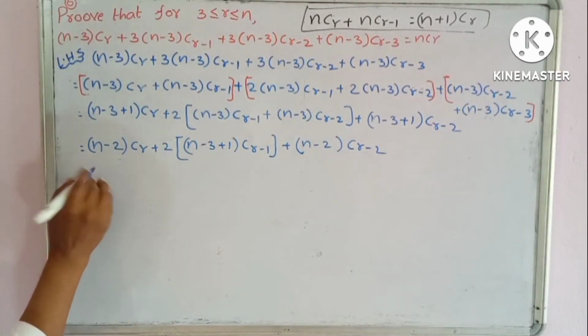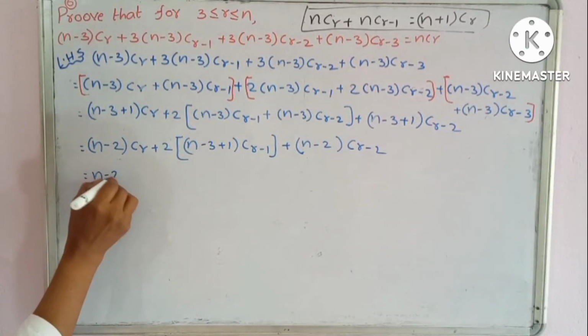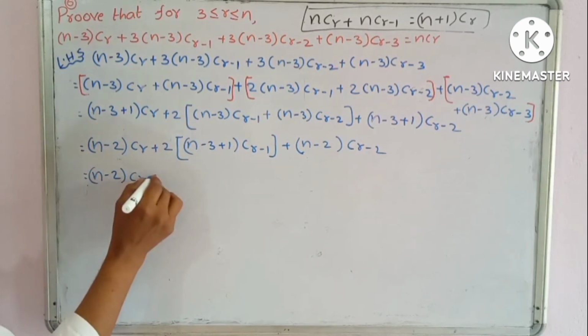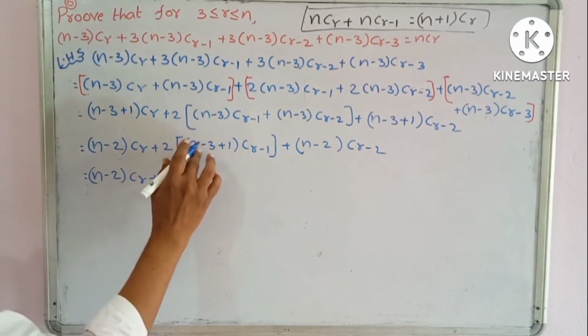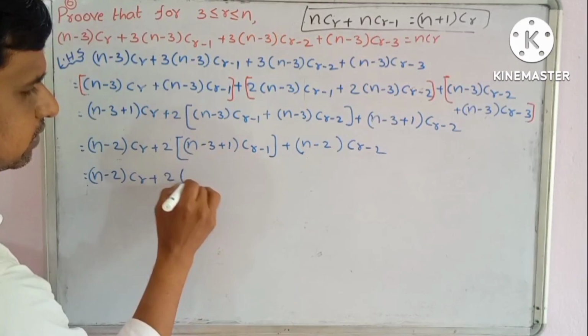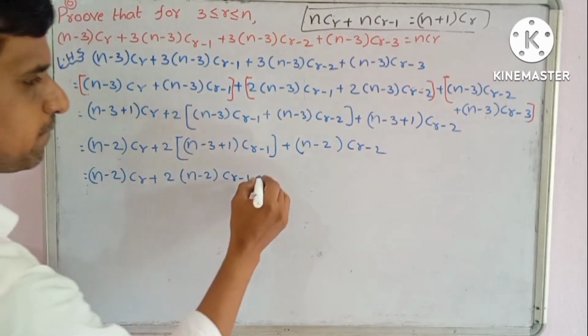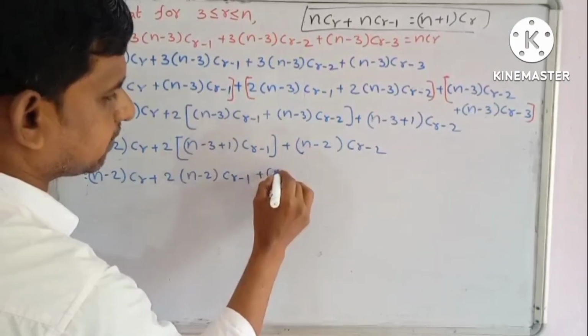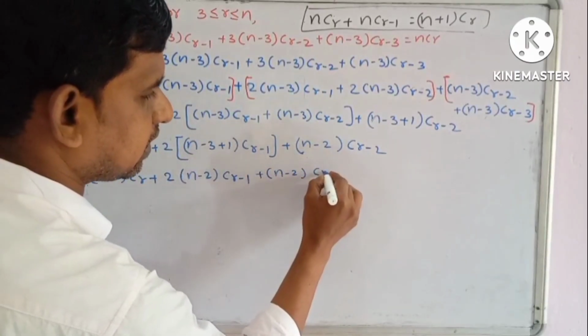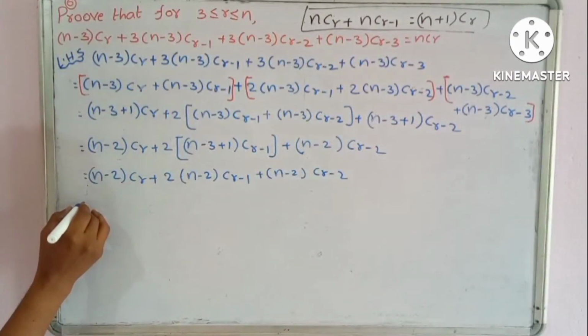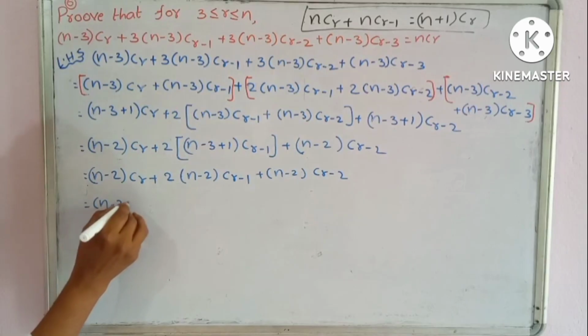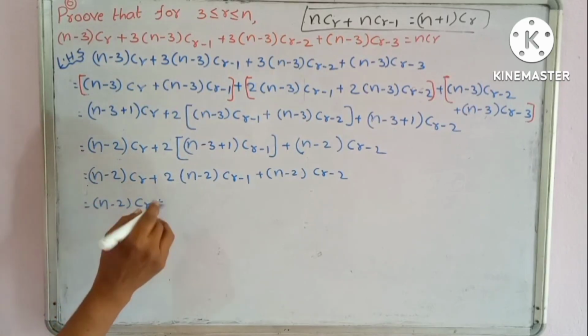That equals (n minus 2)Cr plus 2 into (n minus 2)C(r minus 1) plus (n minus 2)C(r minus 2).